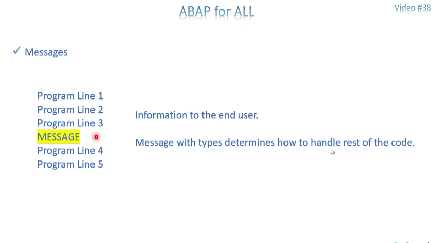It could be a different input the program is expecting, or it might be a hard stop, depending on the business requirement. So it depends on how you are going to use the message type. The message gives information to the end user, and the message type determines how to handle the rest of the flow of your program.